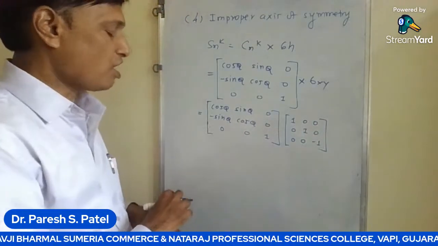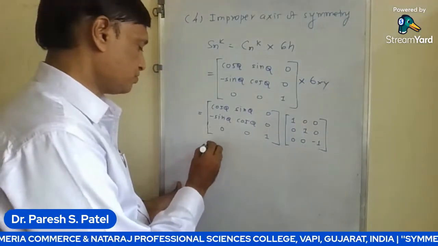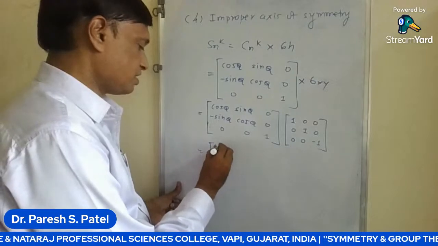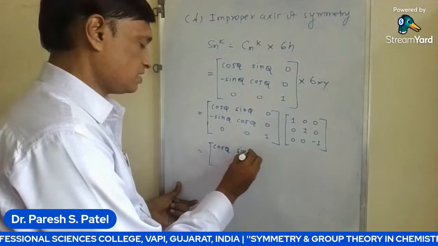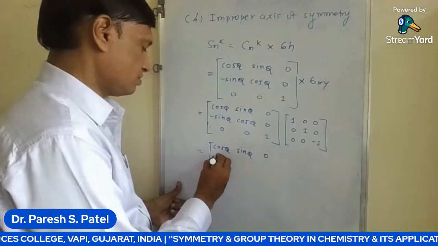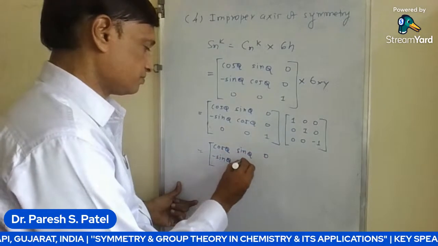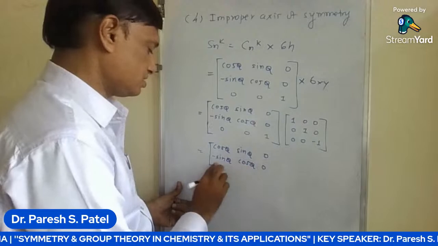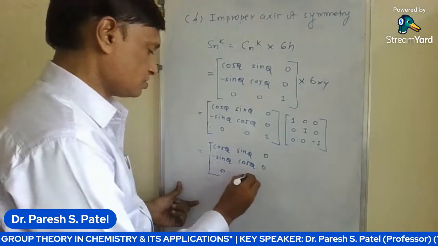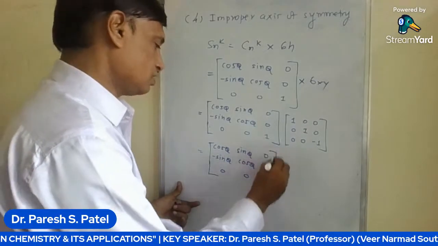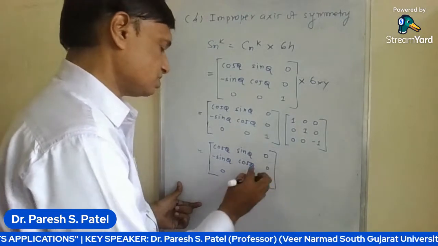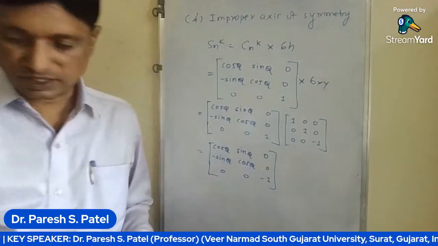Now the combination of the two matrices gives cos theta, sin theta, 0, minus sin theta, cos theta, 0, 0, 0, minus 1. So this is the matrix representation for the improper axis of rotation.